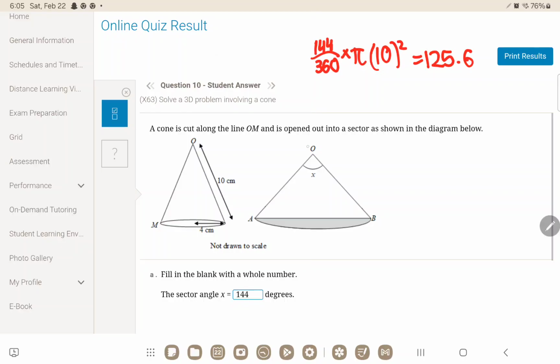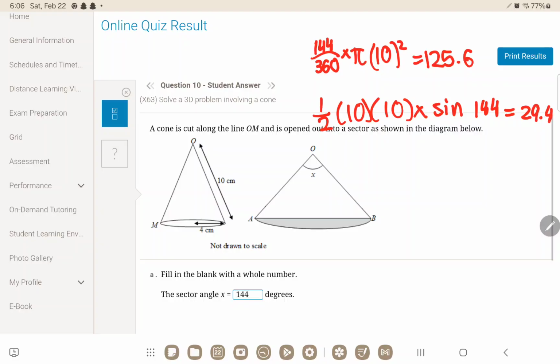Now the area of the triangle is half times 10 times 10 times sine of the angle x. So sine 144. Once you put that into your calculator, it is 0.5 times 100 times sine 144, which is something like 29.38.